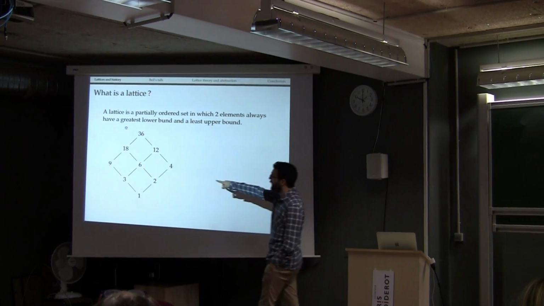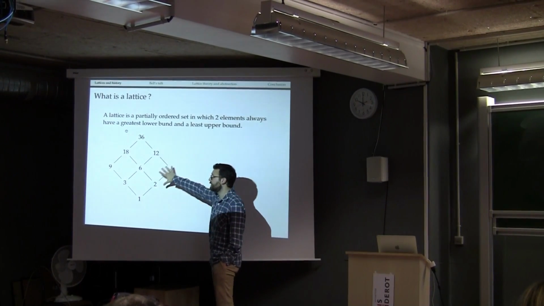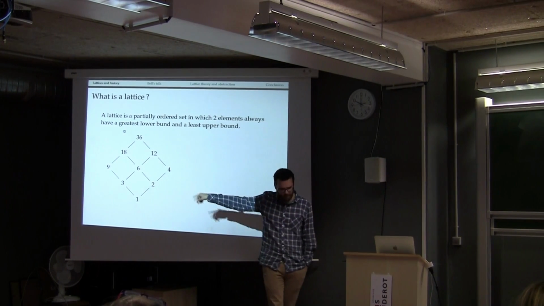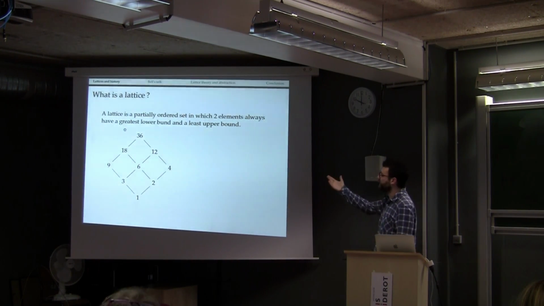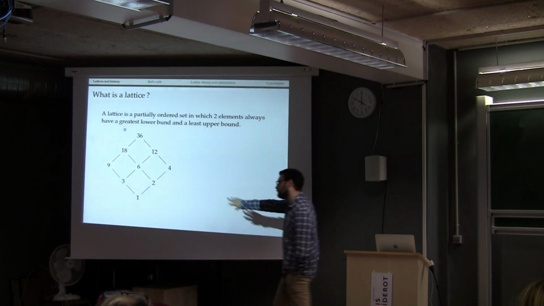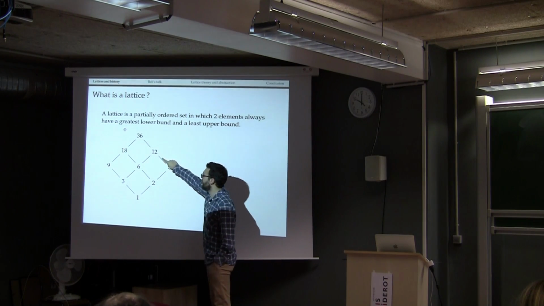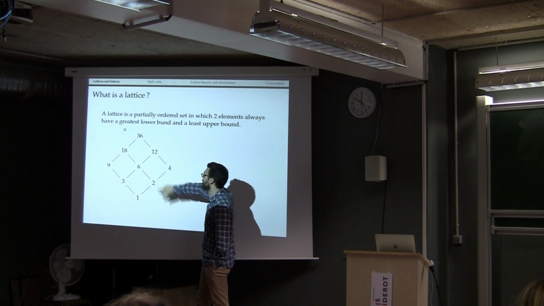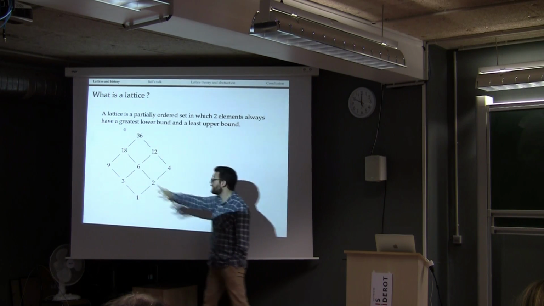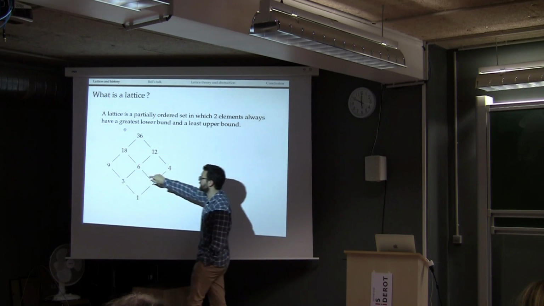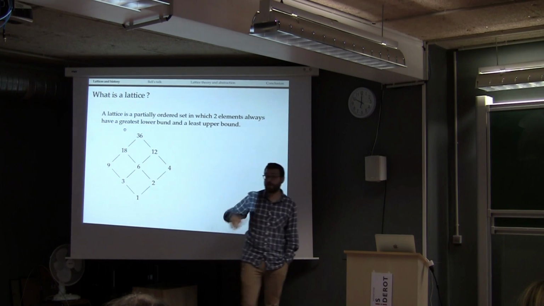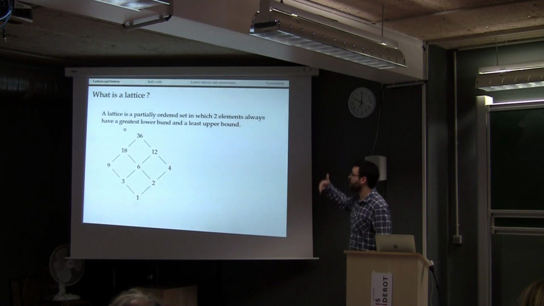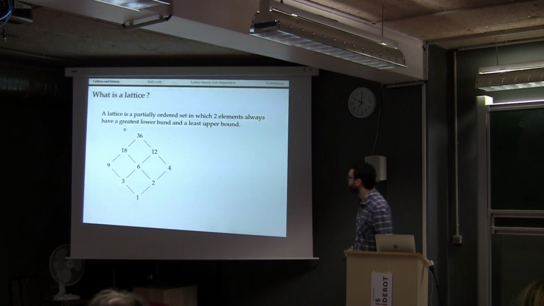Here I draw the lattice in a diagram form, the lattice of the divisors of 36. The representation is that if I draw a line, like 4 is a divisor of 12. But 4 is not a divisor of 18, and 18 is not a divisor of 4, so they are not comparable. So the set is partially ordered.